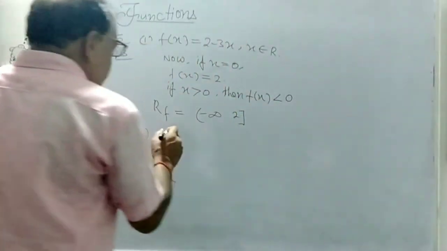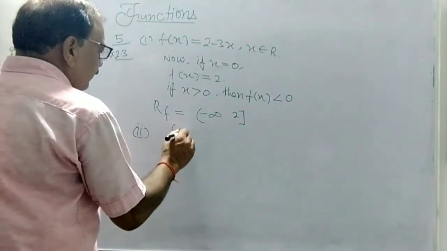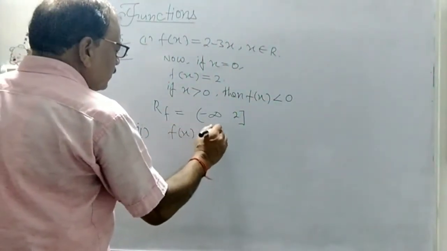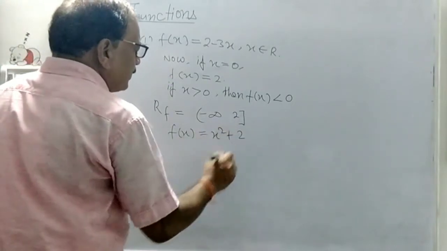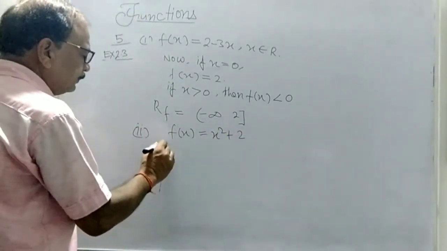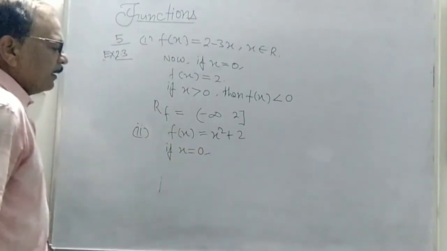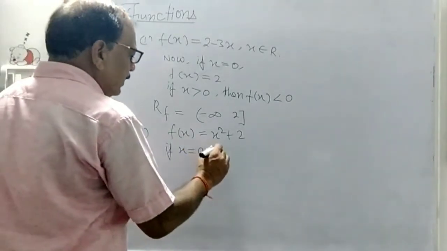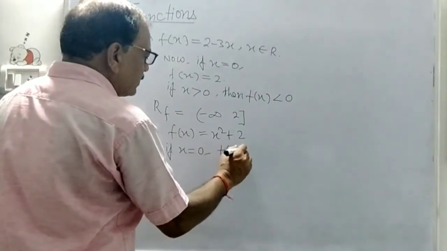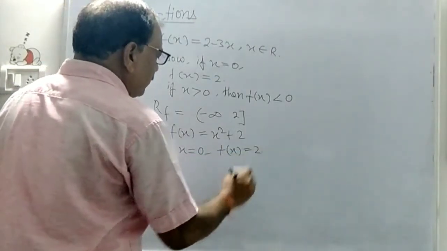In f(x) = x square plus 2. If x equal to 0, then f(x) equal to 2.